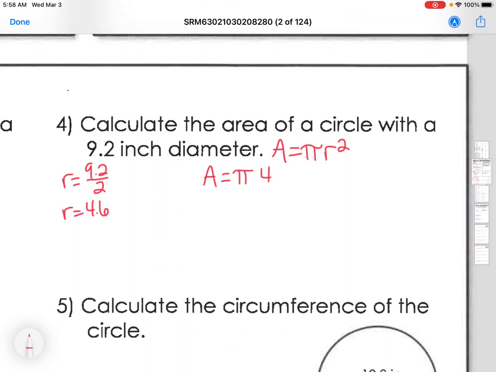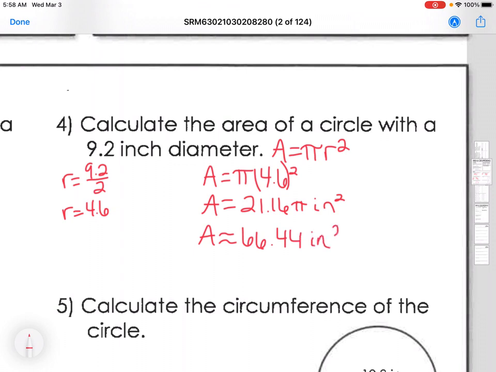So pi times 4.6 squared. So we have 4.6 squared, which is 21.16. So I could write that as 21.16 pi square inches. Or I could approximate it as 66.44 square inches.